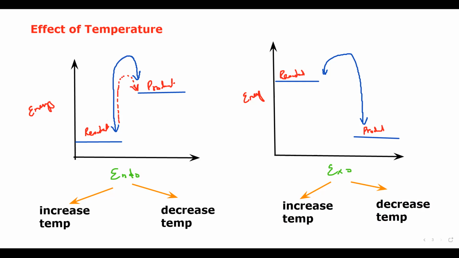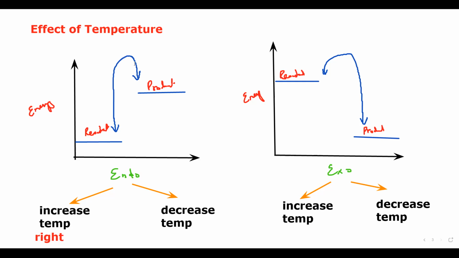So as a result, what will happen? The forward reaction will increase, because more product means the rate of the forward reaction is higher than the backward reaction. So equilibrium will shift towards the right hand side. So the shifting of equilibrium for an endothermic reaction is towards the right hand side.